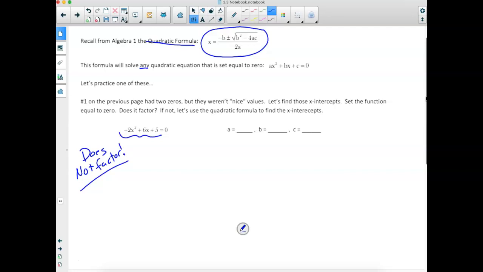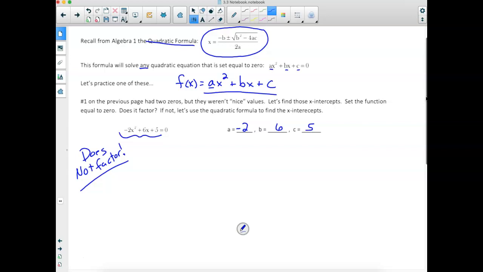And remember, when I think of f of x equals ax squared plus bx plus c, I just wrote it a little bit bigger so I can identify a, b, and c. So the a value is -2. My b value would be 6. And my c value would be 5.